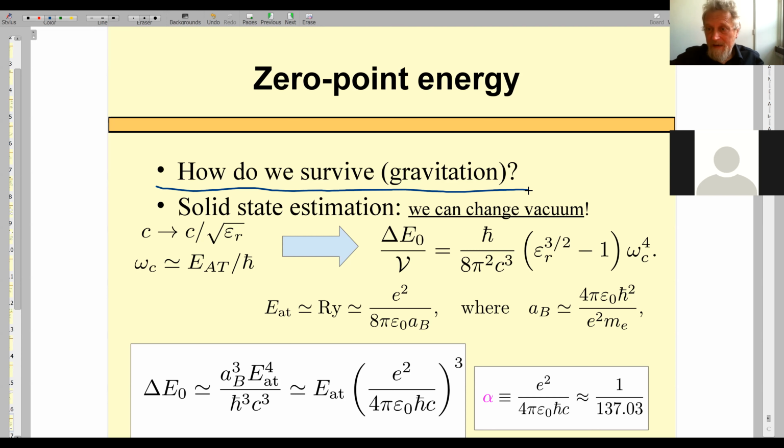Right? But if we imagine ourselves in a universe which is full of mass, there will be gigantic gravitational potential, gigantic gravitational forces, infinite, and we have no chance to survive.